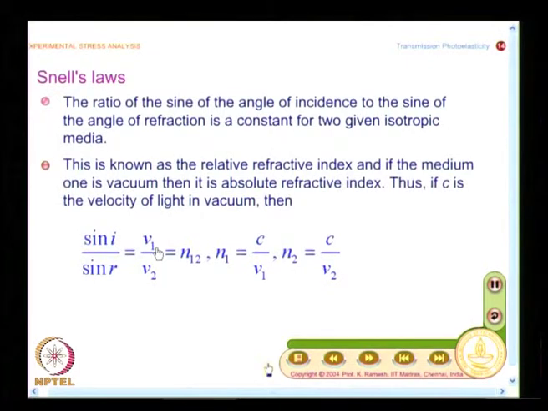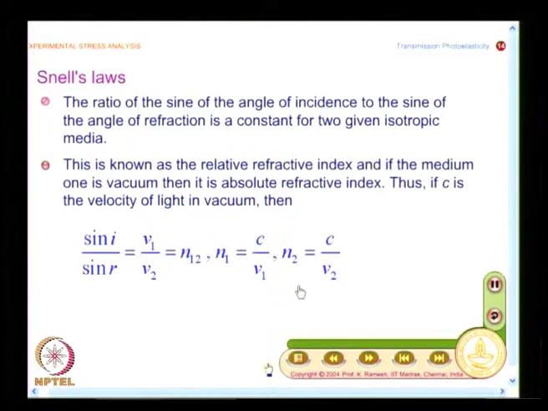When I have these two velocities v1 and v2, when the refractive index is different, the velocities are different in the medium. So, I have a relative refractive index given as v1 by v2, and the absolute refractive index for medium 1 is given as c by v1, and for medium 2 as c by v2.